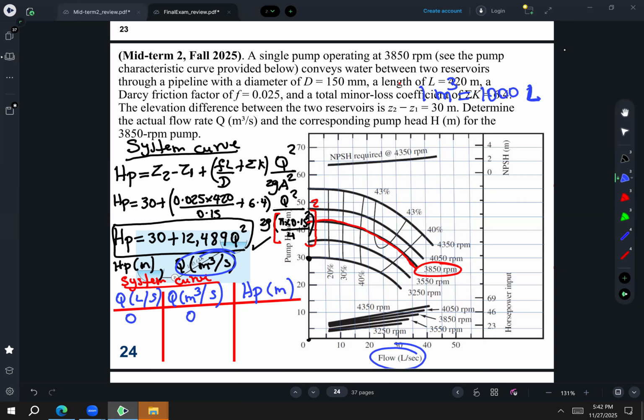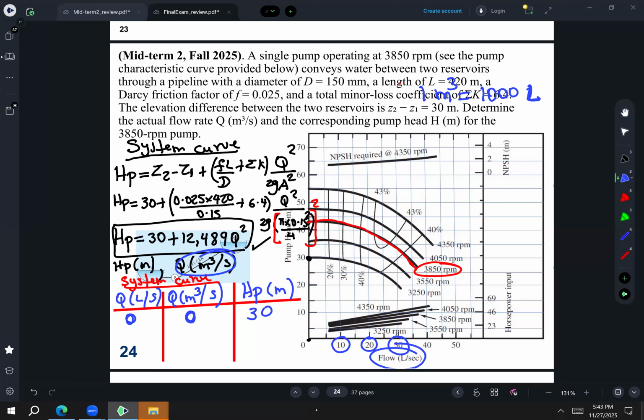That's the conversion. So when Q is equal to 0 in cubic meters per second, it will also be 0 in liters per second, and Hp will be simply 30. Let's try for some values in the pump curve. For example, we can try 10, we can try 20, we can try 30.